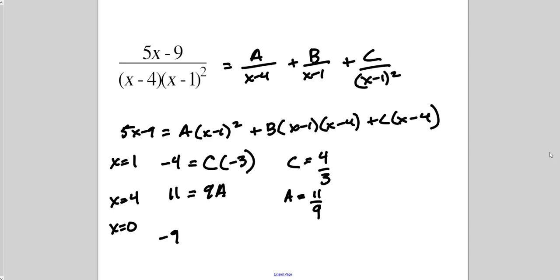And then we have a, which is 11/9, times 1, plus b, which we're trying to find, times 4, plus c times negative 4. Oh, sorry, but we know what c is. Hang on a second.